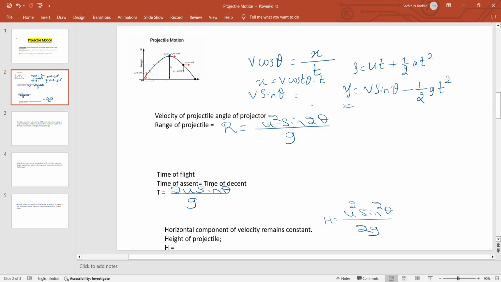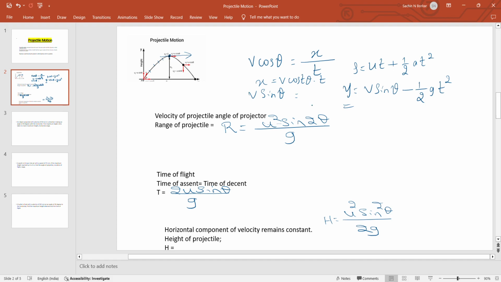So we can say at the highest point of the projectile motion, the velocity is horizontal to the surface, and then it changes its direction downward and gains velocity, because acceleration is acting downward. So it will become an accelerated motion and reach the ground.